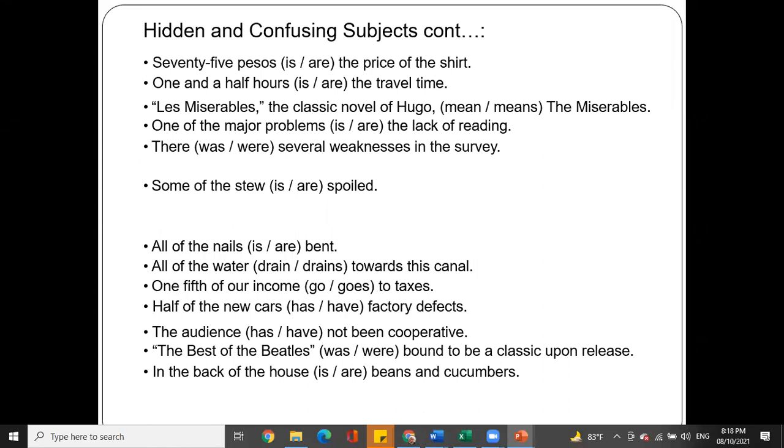Some of the stew is spoiled. Liquids are mostly mass nouns. Coffee is healthy. Tea is the favorite drink of Britons. Liquids are mostly singular, like milk. Milk is good for the health. All right.